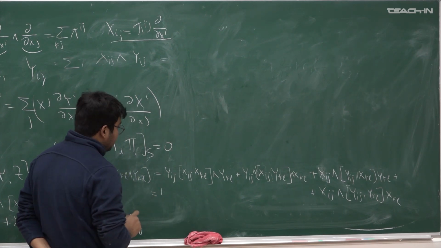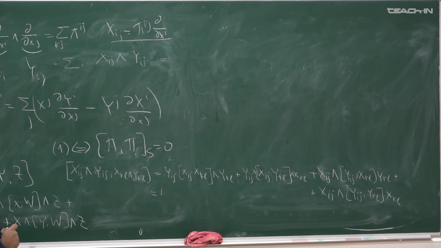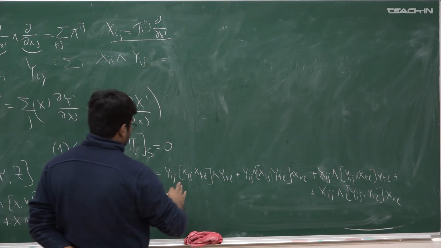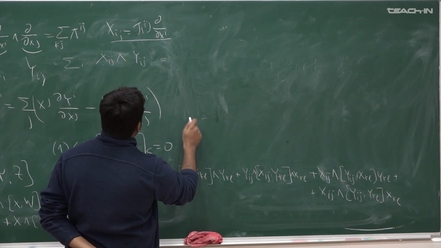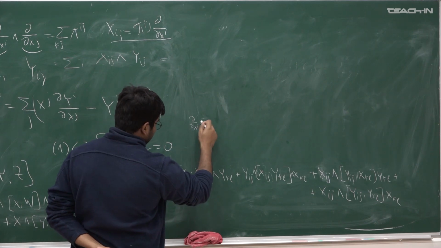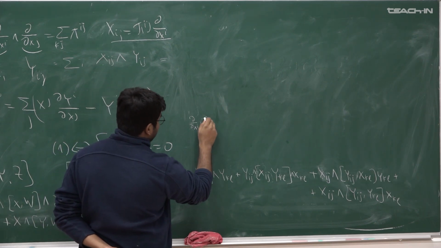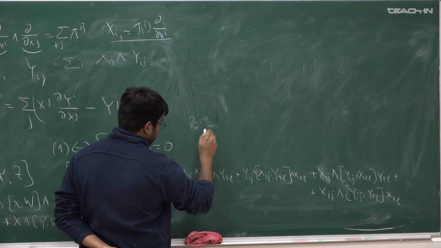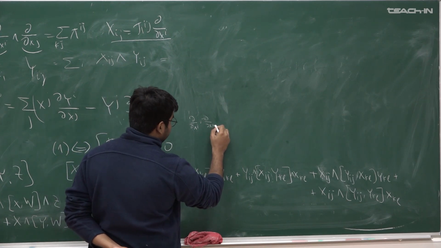Do you see some trivial terms in this expression? Do I see some trivial terms? Yes. So it will be like xi, the commutator between xi and this xk.